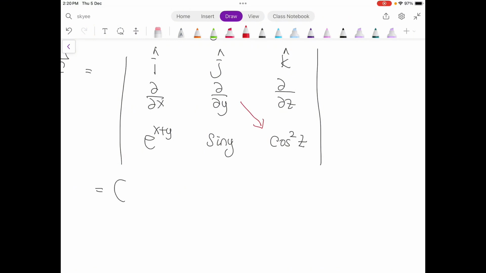This will give you 0 because there is no y component, and this one also gives you 0 because there is no x, z component. This is your i. And then we move on to the second term, the j term. This one will be multiplied with this. Again, you get 0. And this one you multiply with this. Again, you cannot differentiate, you get 0. So it's 0.